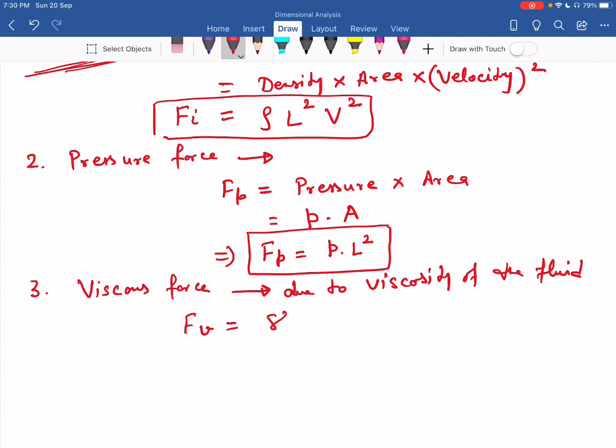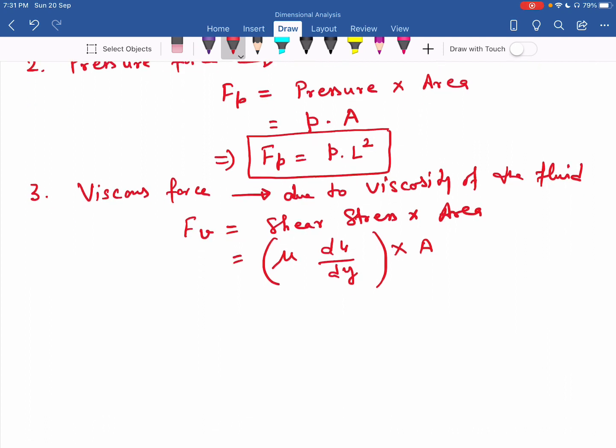This is equal to shear stress multiplied by area. Shear stress we take from Newton's law of viscosity, mu du upon dy, into area as A.